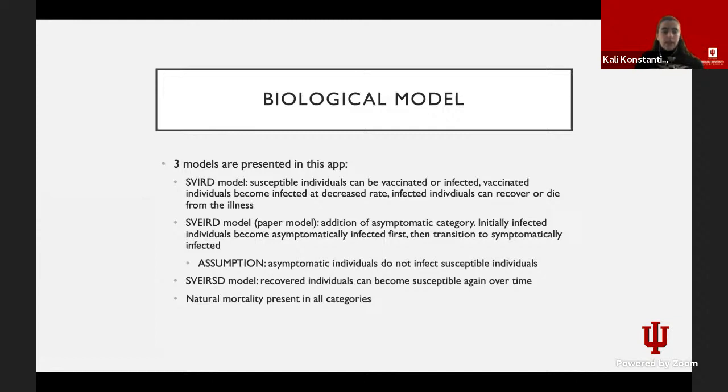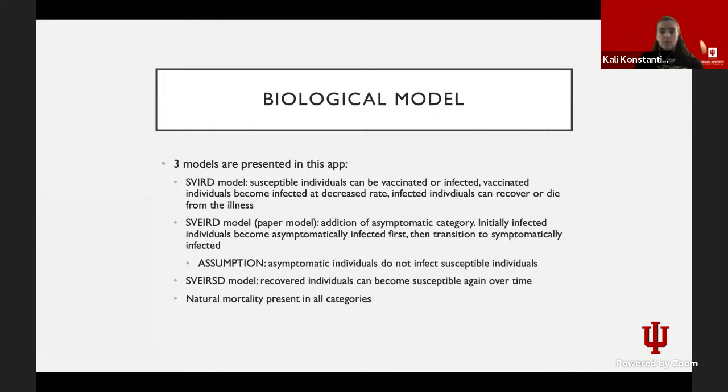The SVEIRD model adds the asymptomatic category. So everyone who gets infected will go through that asymptomatic E category before moving on to the symptomatic I category. And a key assumption here that I noticed with the model that the paper made is that asymptomatic individuals do not infect susceptible individuals.